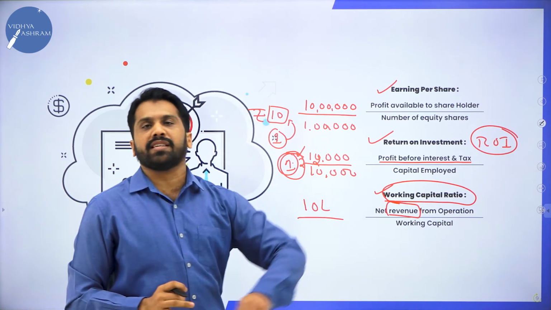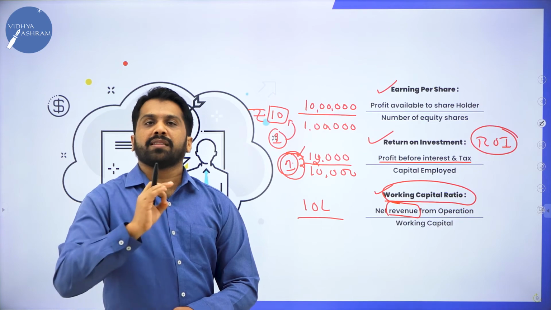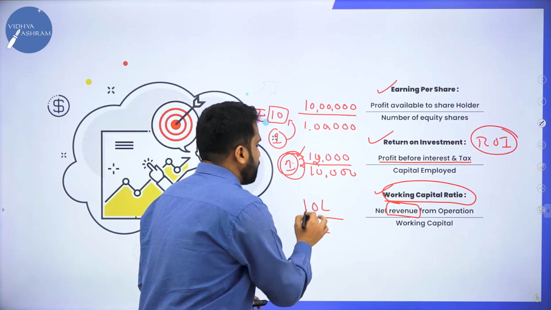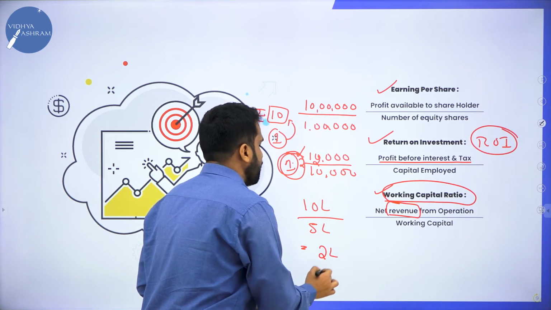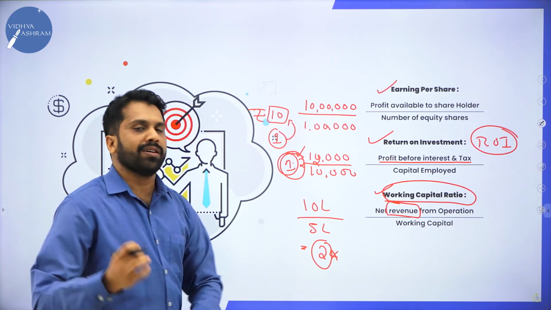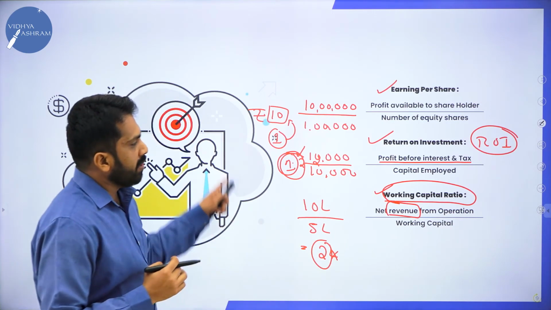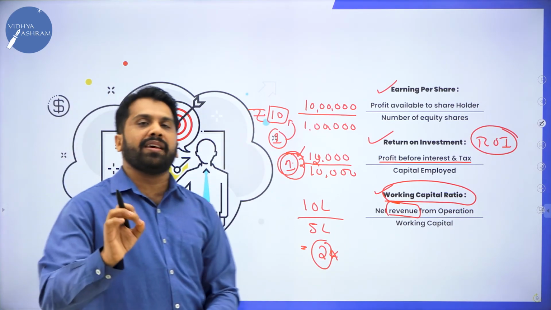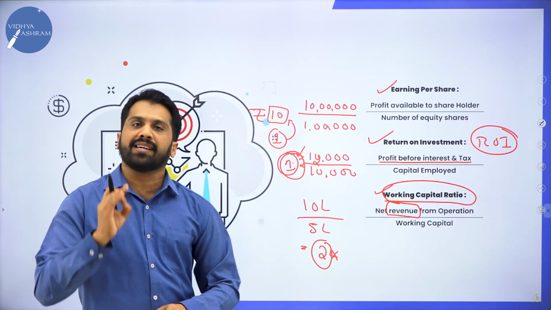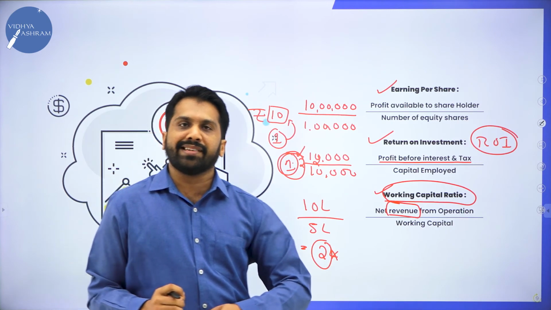The working capital may be 5 lakh. 10 lakh divided by 5 lakh is 2, not lakh, it will be 2. So these are the remaining ratios in your ratio analysis, or accounting ratios.